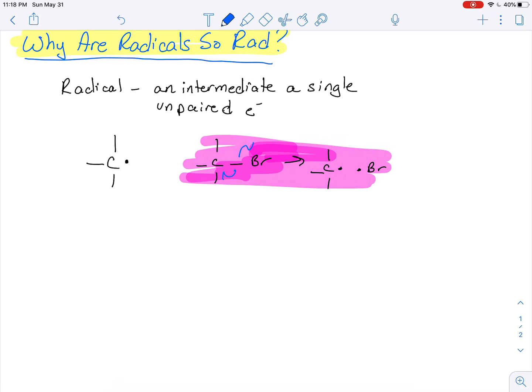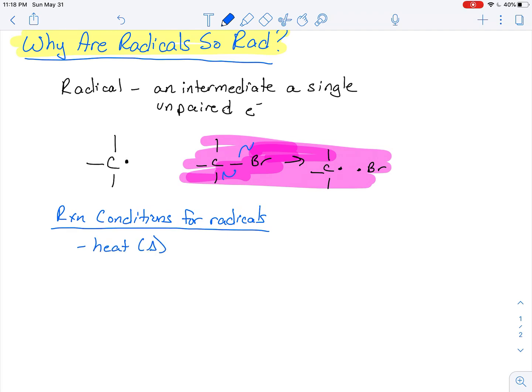Well, so reaction conditions for radicals. Well, one of them is heat, right? Heat can initiate a radical reaction that we can symbolize with this delta symbol here. Another one is light, right? Light, and specifically UV light, can initiate a radical reaction.